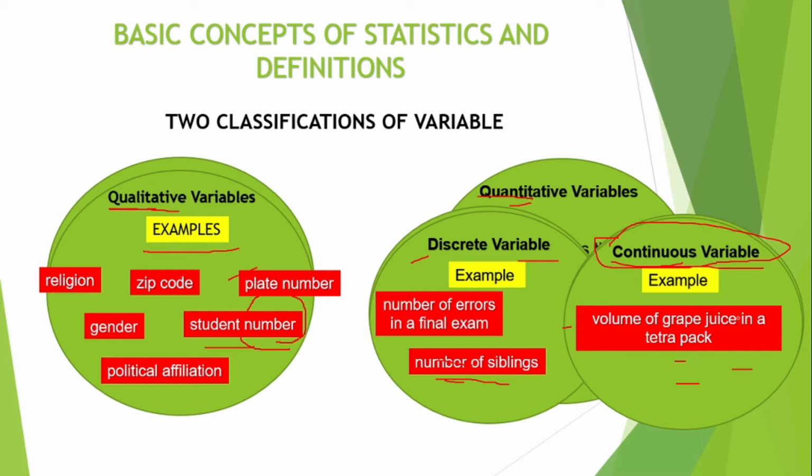You cannot measure the volume of grape juice just by looking at it, because doon sa Tetra Pak, meron tayong mga nakalagay kung ilang ml ba yun. Tama? And the acceleration, as I said a while ago. Okay, so yun yung difference ni discrete variable and then ni continuous variable.